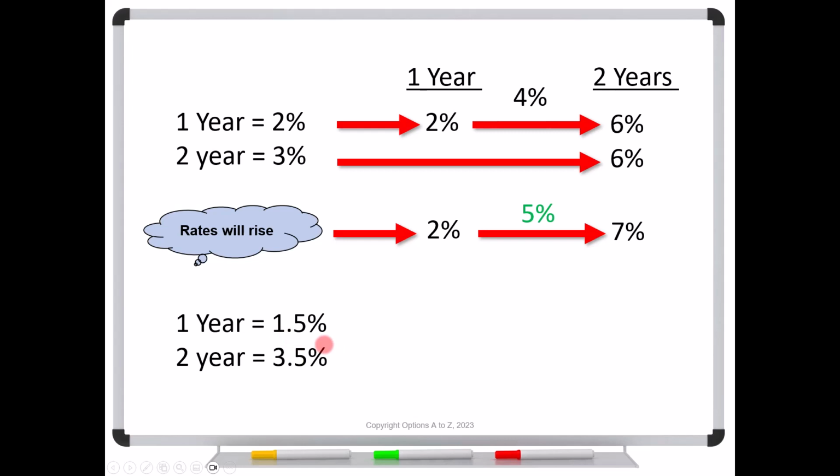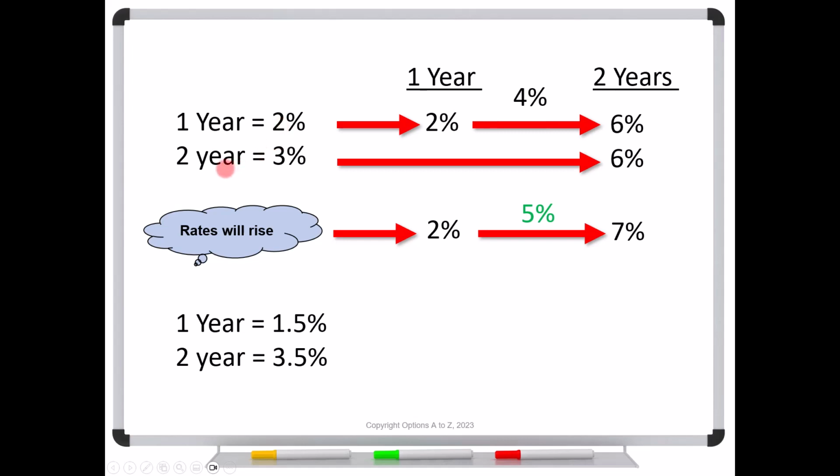So why would we see this? Well, think about it. If you could buy the 1 year and get 2% and then be better off by waiting for the rates to rise, what's that going to do? It's going to set off a chain reaction in the market. Investors are going to start flocking for the 1 year, pushing its price up and therefore the yield down.